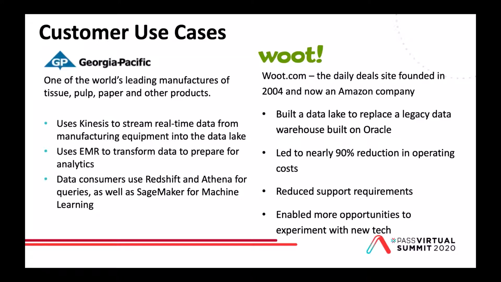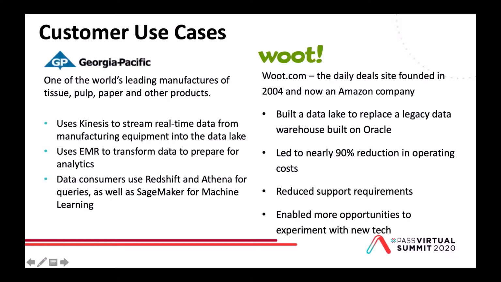The data lake brings lots of benefits to Georgia-Pacific. Just to highlight a few: leveraging the data lake, they can predict equipment failure 60 to 90 days in advance, reducing unplanned downtime, saving a lot of money. They can run more production lines in a predictable manner, better optimizing human and capital resources.